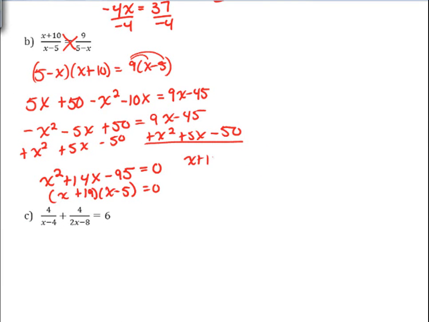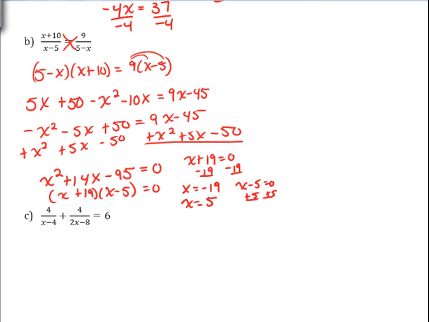Set x plus 19 equal to 0. We would subtract 19 from both sides. And we get x equals negative 19. Then you can set x minus 5 equal to 0. Add 5 to both sides. And you get x equals 5.